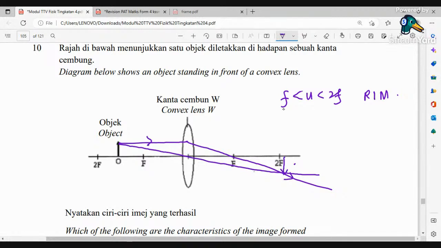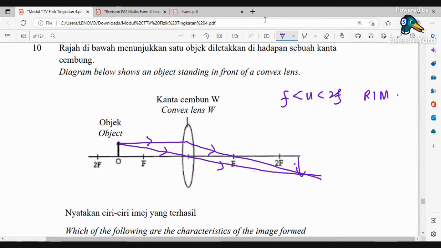Nampak dia di sini. Patutnya lebih besar patutnya lah kan. Kalau you draw betul-betul guna-guna image dia di situ. Bigger lah. Jadi bila you draw, you tandakan arrow.